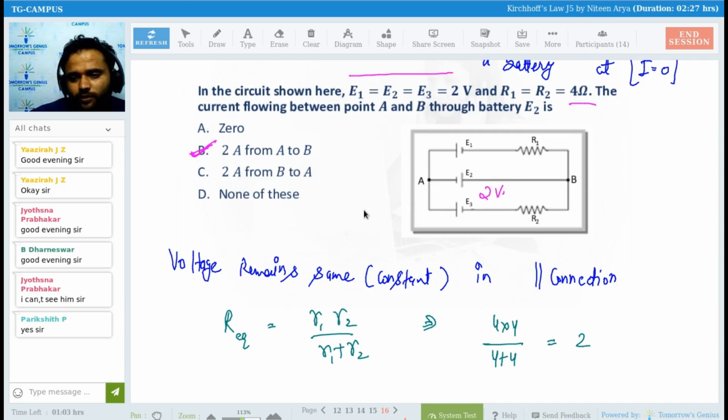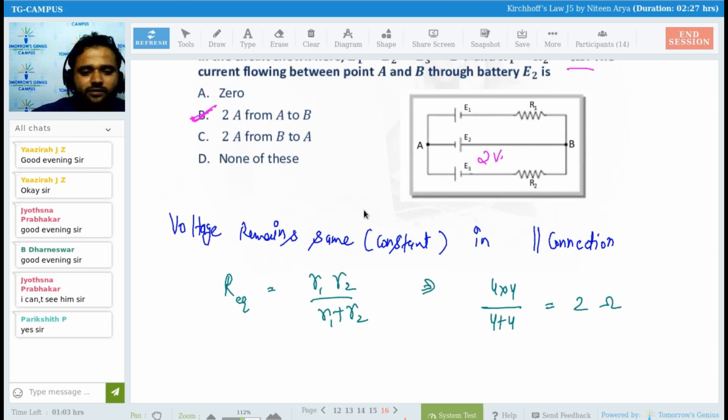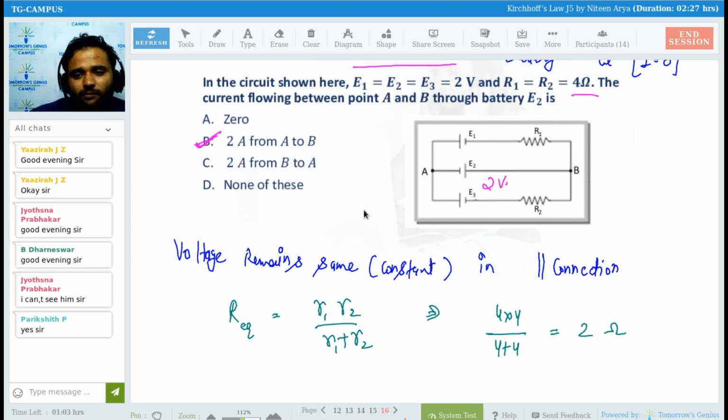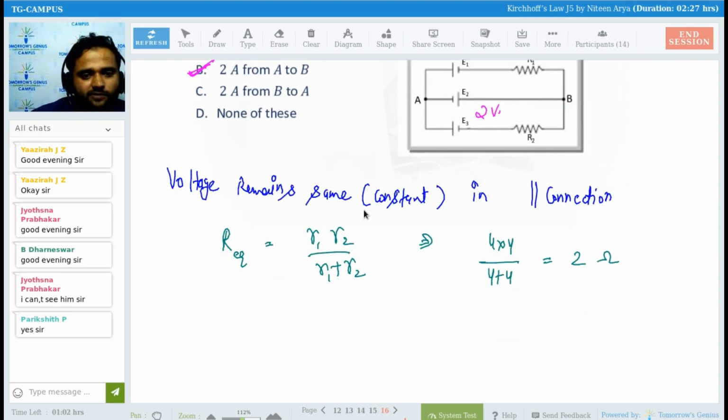So this is going to be how much? 4 into 4 divided by 4, 2 ohm, right? And see, we need to find the current between A and B. This is the given current, 2A, 2 ampere from A to B, or 2 ampere from B to A. So if this is, okay, let me write it down first and then I'll explain.